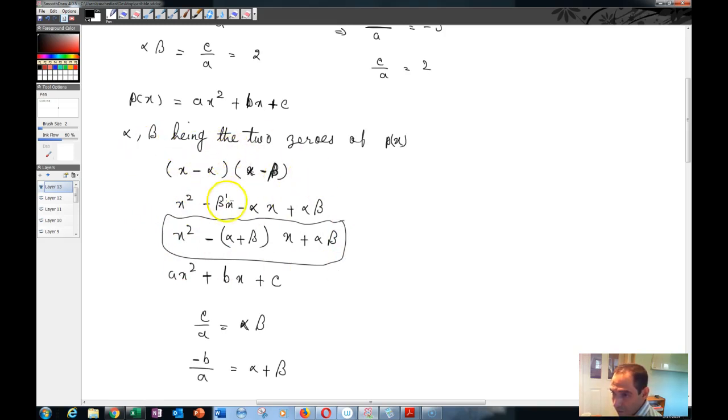But this is actually a very simple thing, meaning that any second degree polynomial, you can write as a product of its factors. For example, if you have a polynomial ax squared plus bx plus c, this is a quadratic polynomial. This is a polynomial in x, right? And the degree is 2.